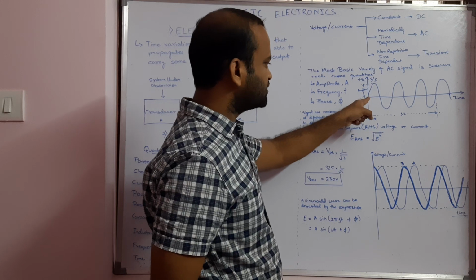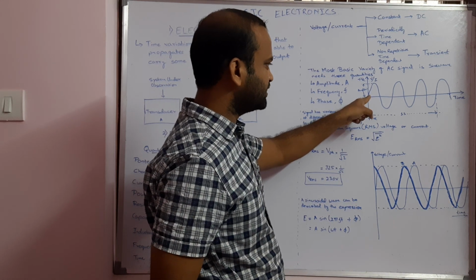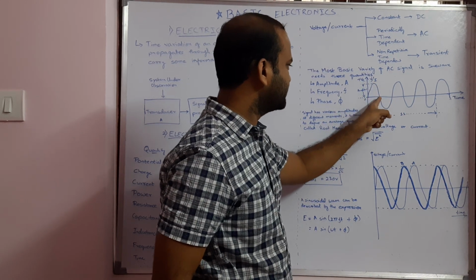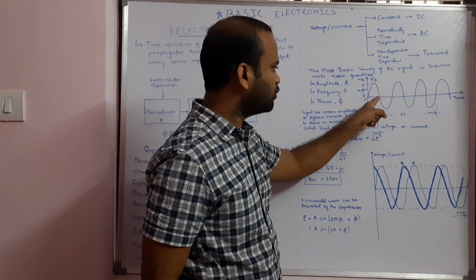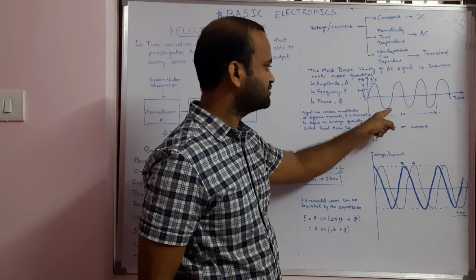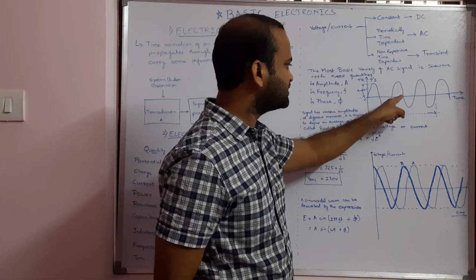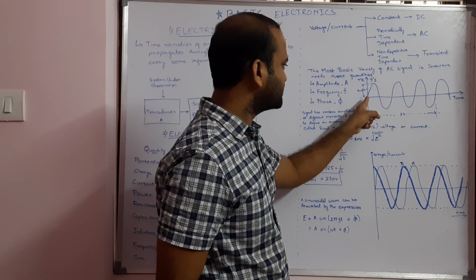So the amplitude of the voltage or current is changing with respect to time. It is increasing and then decreasing, reaches 0 and goes to the negative side of the graph and again increases. So it's a complete cycle now.